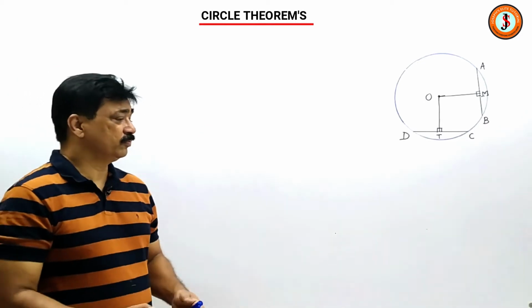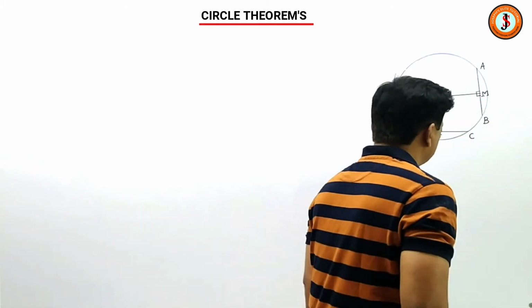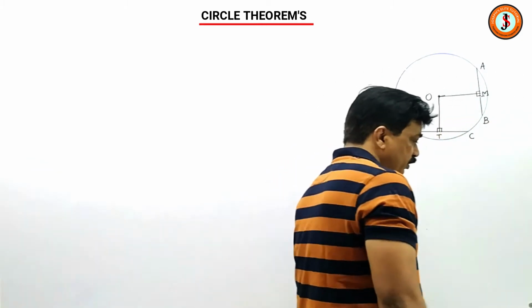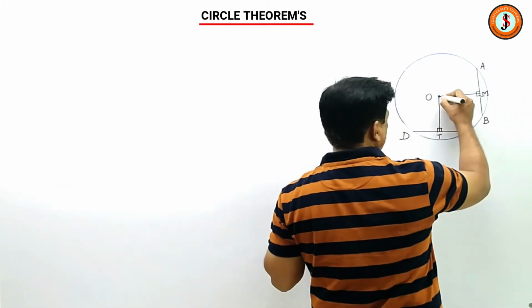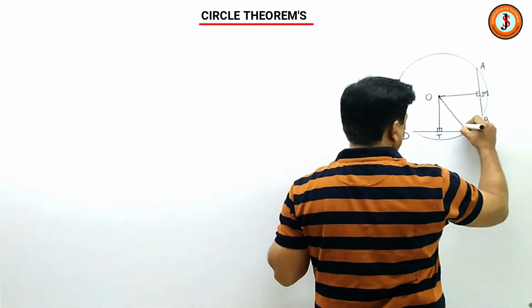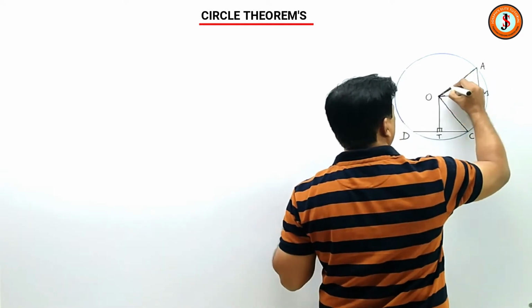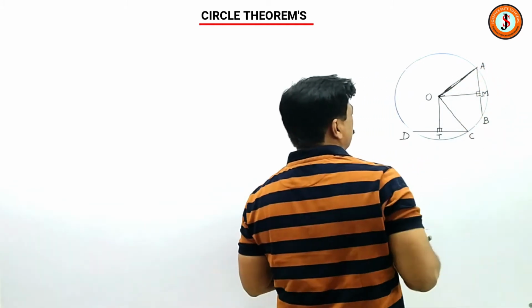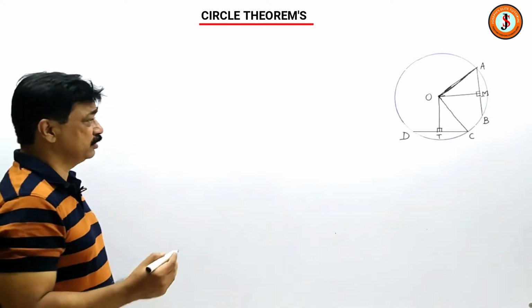For this, we make a construction. We will join O to C and O to A. Any one of the triangles in both the chords we will complete. Now I am starting the proof.